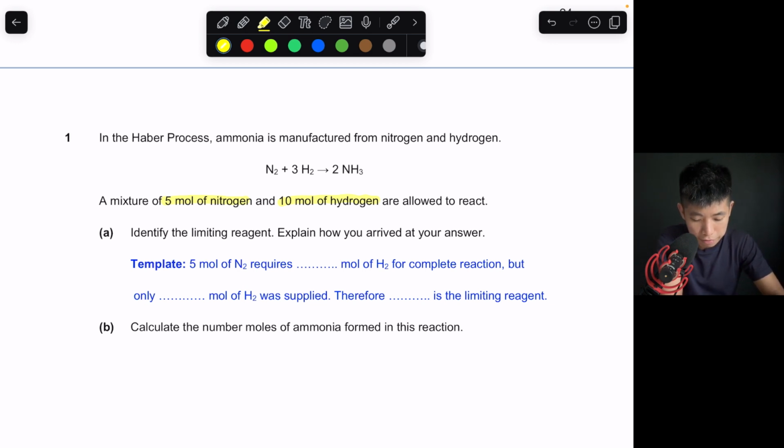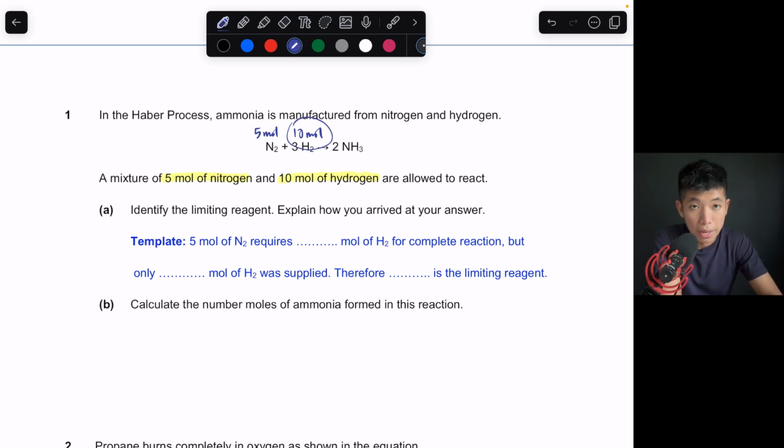So in this case, I'm given 5 mole of nitrogen and 10 mole of hydrogen, right? We compare the ratio just like our sandwich example. 5 mole of nitrogen requires 15 mole of hydrogen because 1:3. So 5:15. But I'm given only 10. So not enough of hydrogen, hydrogen is the limiting reactant.